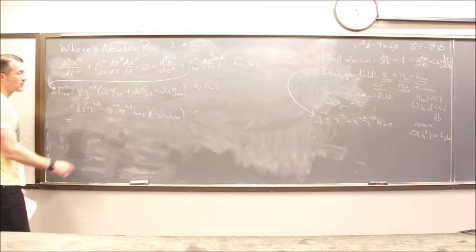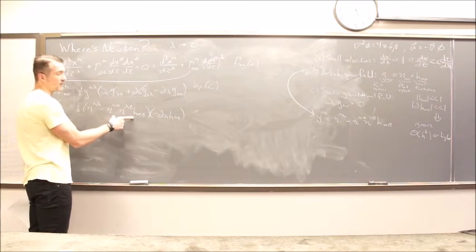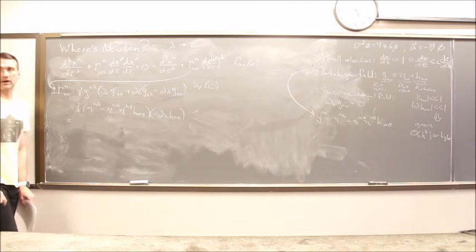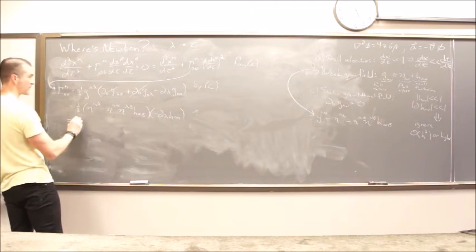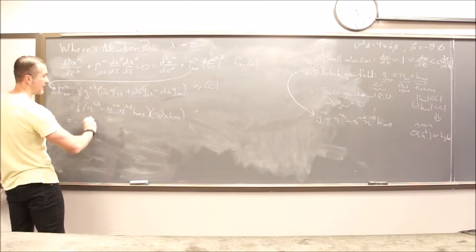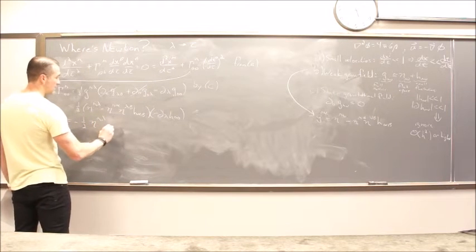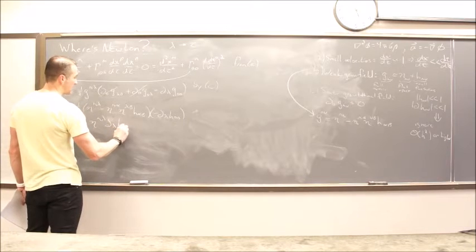But you'll notice the second term combined with this is going to be order h squared. So we're going to disregard it. We're just going to keep the linear term. So this is going to settle down to minus 1/2 eta mu lambda partial lambda h00.